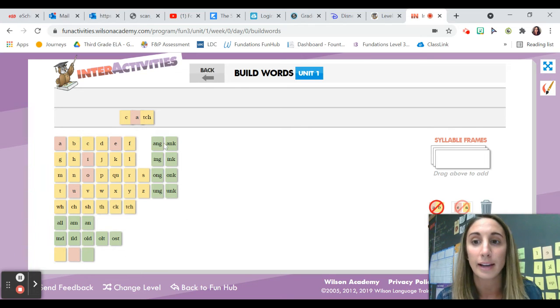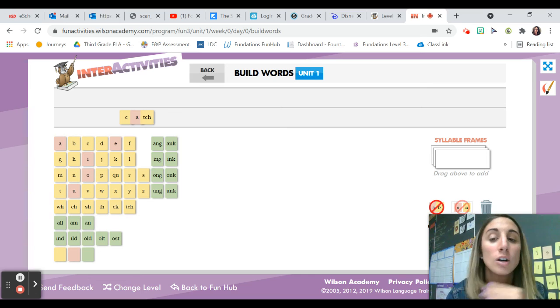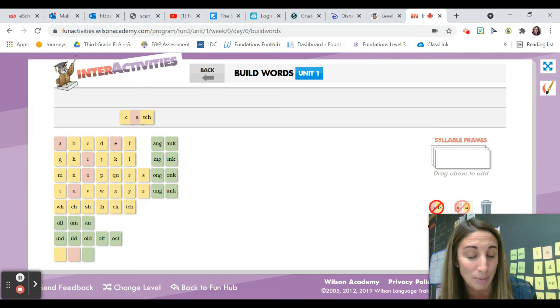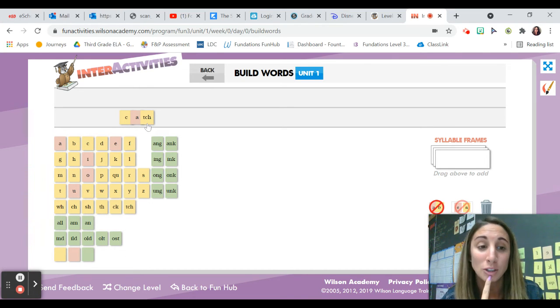So I want you to take a second and look at the trigraph in this word up here, catch. What do you notice? TCH comes after what kind of vowel? And when I ask that question, what kind of vowel, I'm asking, is it a long vowel or a short vowel? In catch, well, it's not long, right? This is a short vowel. So similarly to our CK and K spelling rule, we're going to learn that TCH has to follow a short vowel.